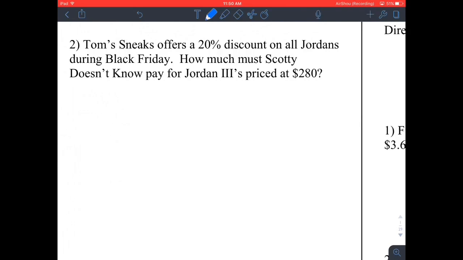One way would be to figure out what the 20% discount is. So the discount is going to be the price of the item times 20%, and that is going to be $56.